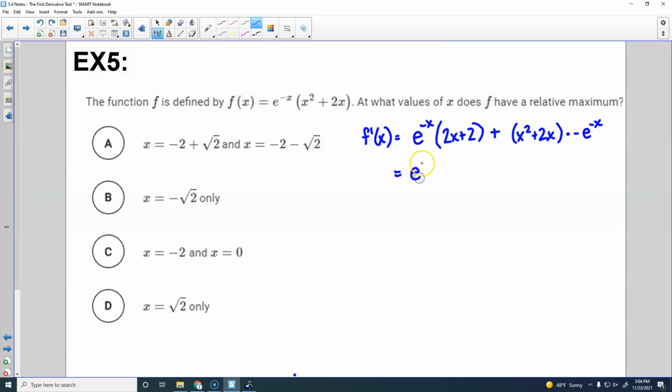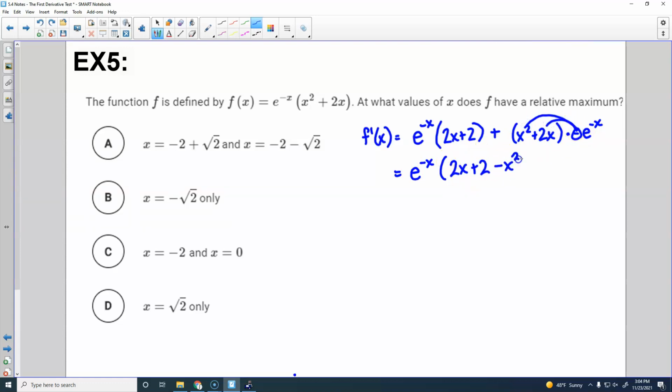Alright, so e to the negative x. You don't necessarily have to simplify this, but it's going to make it easier to do the next parts if you do simplify it. So if we factor out an e to the negative x, we'll have 2x plus 2. And then this negative right here, since it's still there, we need to distribute that.